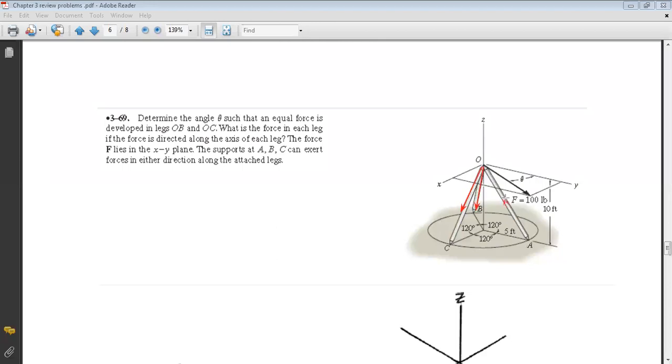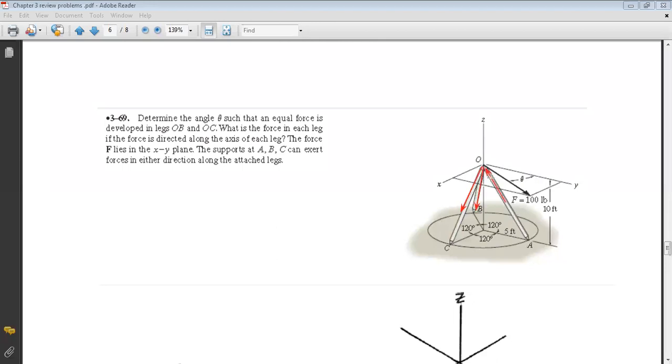The force of the leg on O should be up, because if I take it down, I will not have equilibrium in Z. Since I assumed that OB and OC have a downward component along Z, OA should have a positive component along Z.